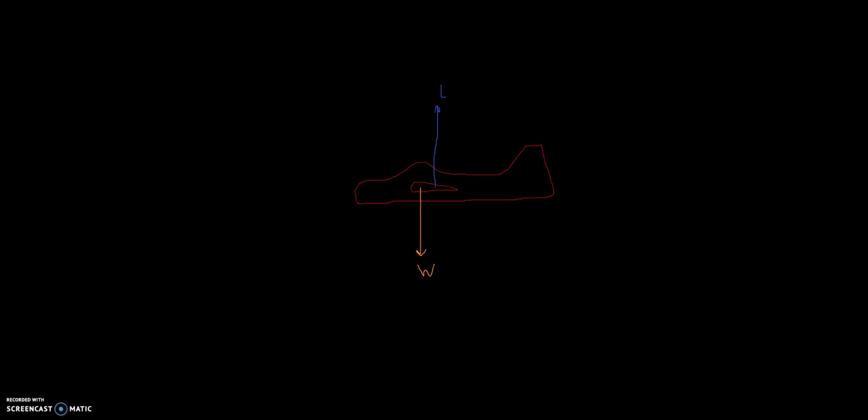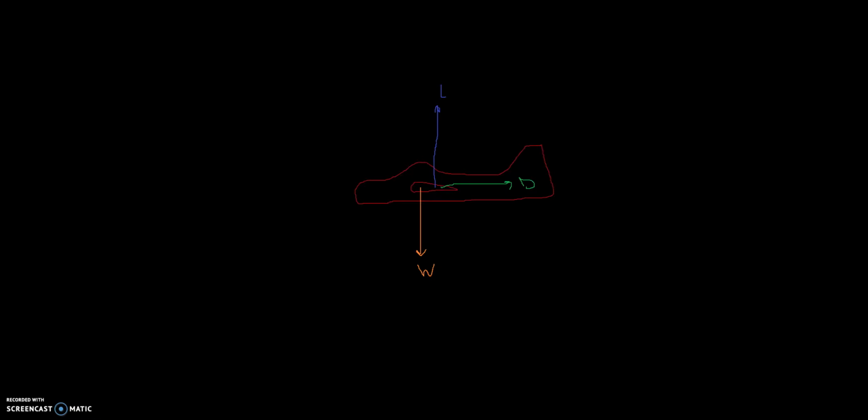To best illustrate this, I'm going to draw it from over here and draw it back. So there's drag. It's not my best drawing, but there's drag. Drag is the force that is opposite to thrust, and thrust is the force that causes us to move forward.